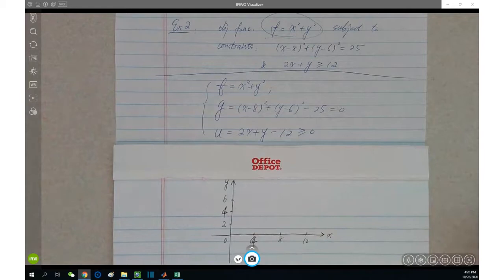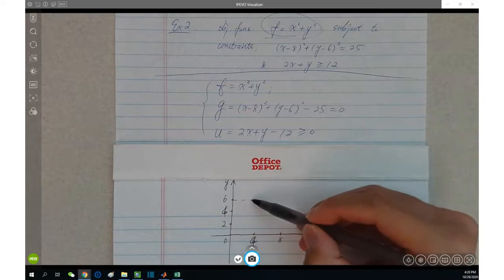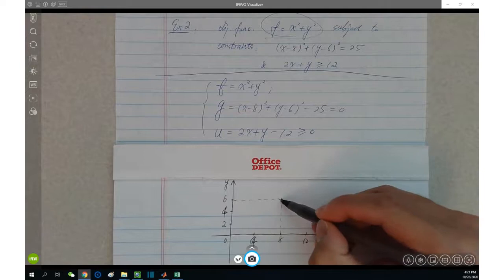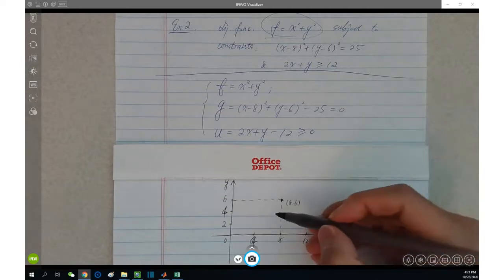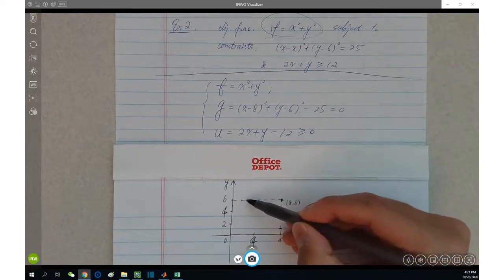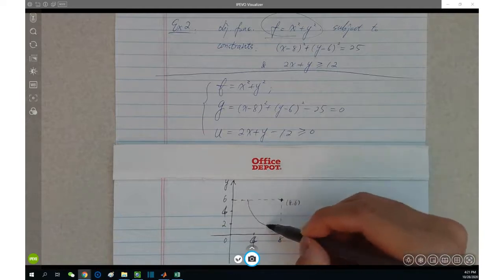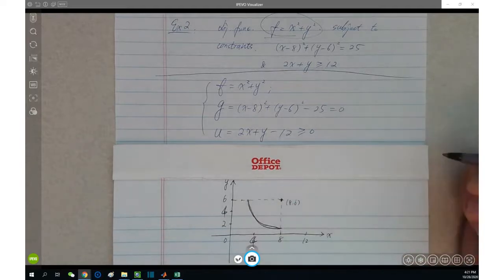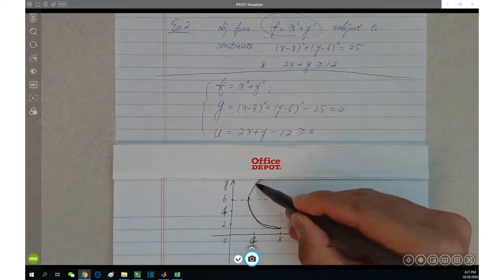And then you have 8 and 6. So the center point of the circle is right here, once again at coordinate 8 and 6 with radius 5. This is 1/4 of the circle. You don't have to finish the entire circle.